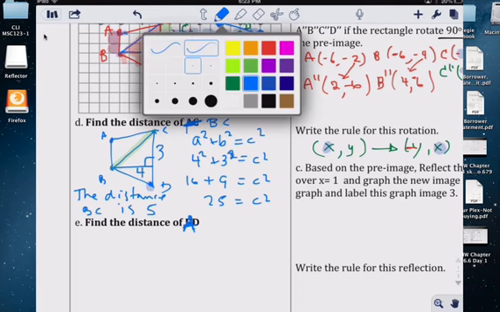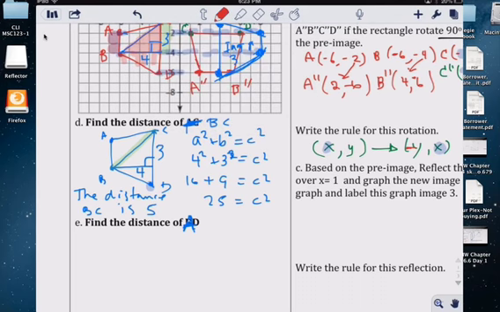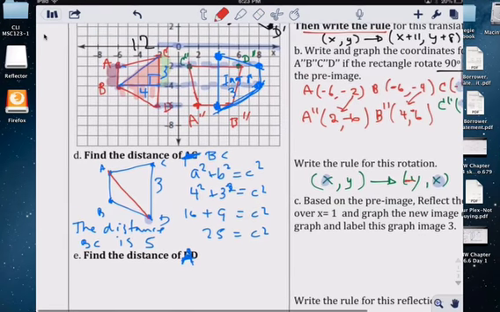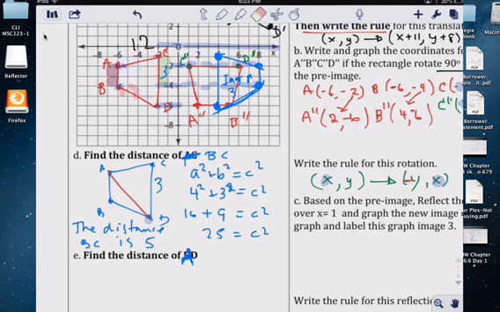The distance of AD. Okay, AD, if you look at it, I'll erase all this. AD is this way. I'm going to erase in here so we can mark it. So if you marked all in there, erase it. AD right here.